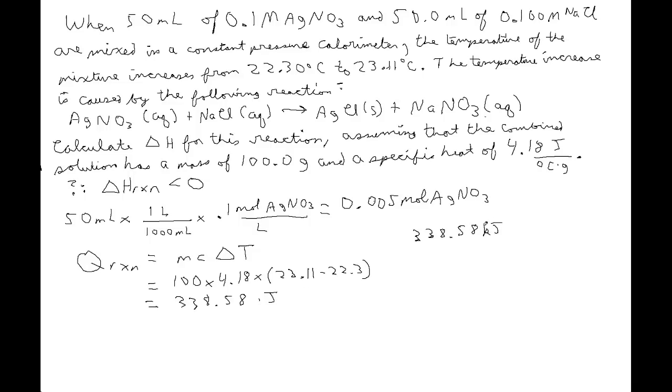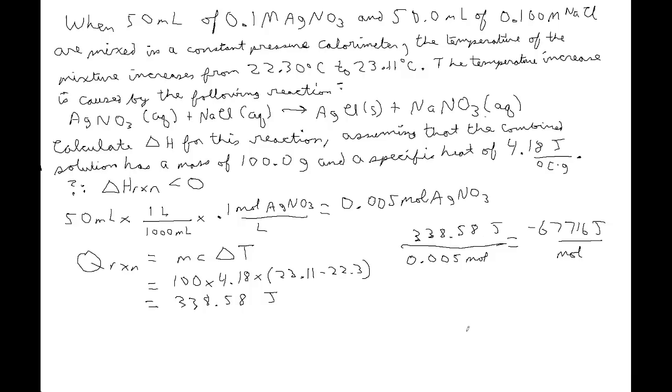So joules divided by moles. We get 67,716 joules per 1 mole. And this is going to be a negative number. What was that last answer again? Negative 67,716. Okay, good.